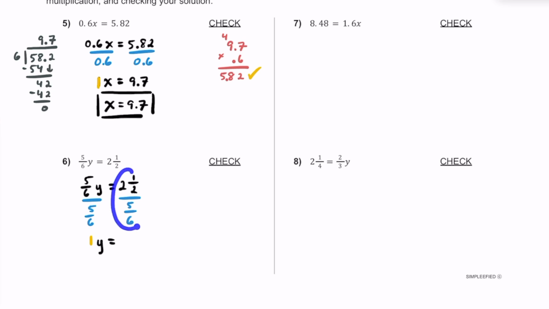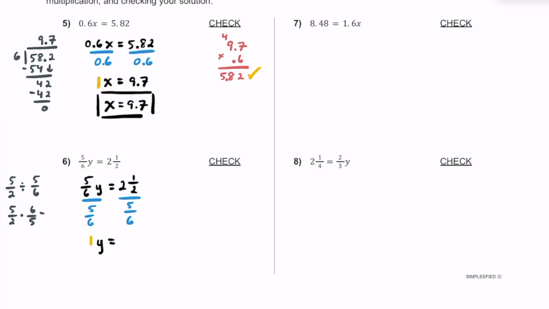And what about the right side? How do you solve this? Well, 2 1/2 is the same thing as 5 halves. If you turn that into an improper fraction, it's just 5 over 2. And we're going to divide by this 5/6, so we divide that by 5 over 6. If you rewrite this, it's going to be 5 over 2 multiplied by 6 over 5.